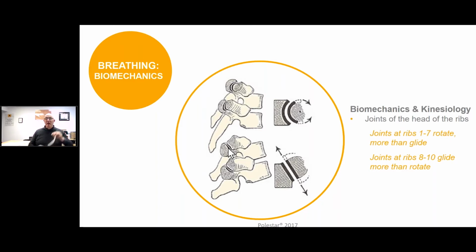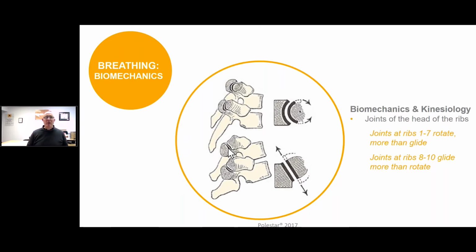So let's go back again. Anterior is going to be doing, in 1 through 7, a rotation. And then the lower rib cages, the ribs are going to be opening out to the side laterally because of the glide and the nature of the joint. So the joints always are going to predict what that normal movement should look like.